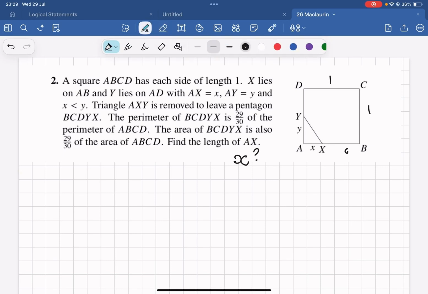So let's start with the area. Reason being is area is always easier than perimeter in my opinion. So area of BCDYX is 29 over 30 of the area of ABCD.